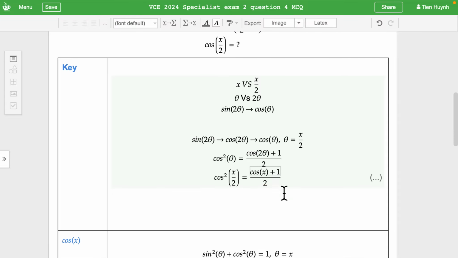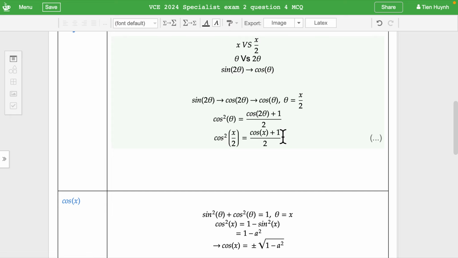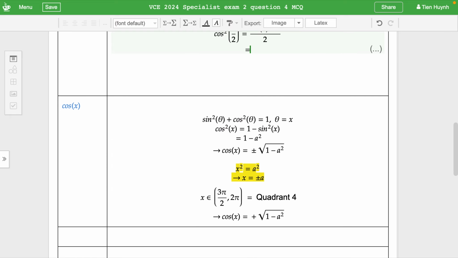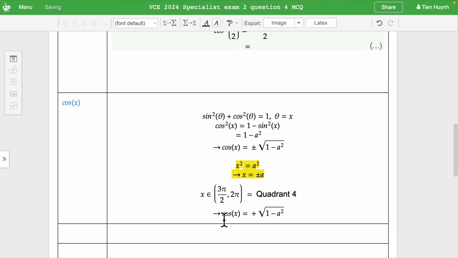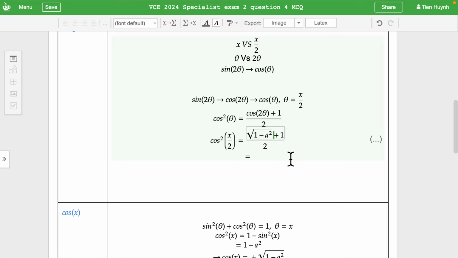So now we can figure out this value. Looking back, we know that cos of x is plus the square root of 1 minus a squared, so I can just replace it here. Then we have the value of cos square of x divided by 2.